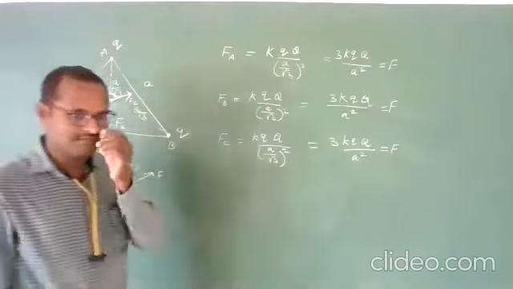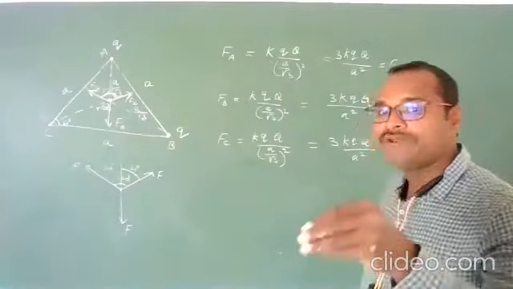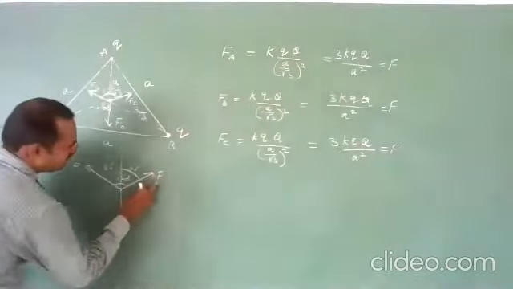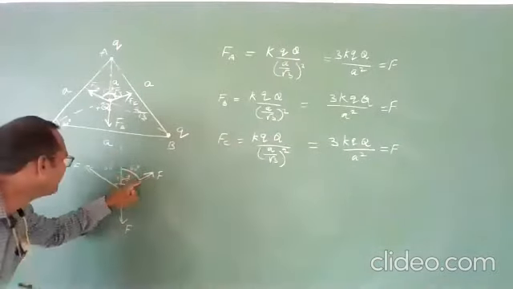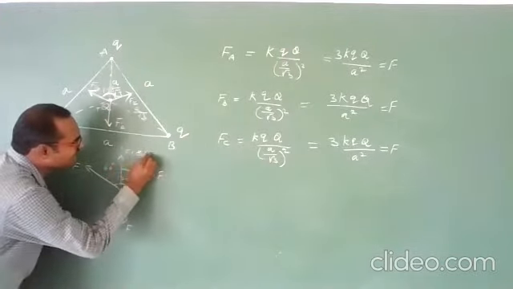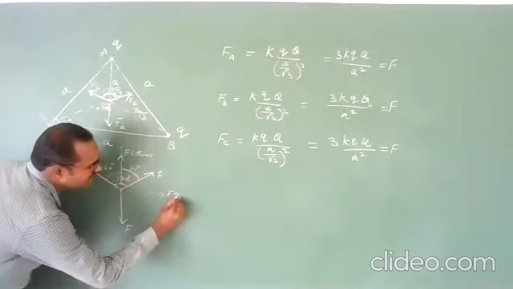Clear? Now let us take the components of this F and this F. I am talking about this F now. Its component along the vertical, along this line, is F cos 60 degrees, and along this line it is F sin 60 degrees.